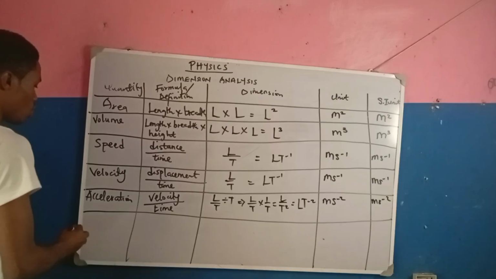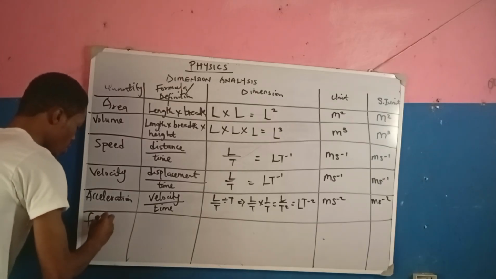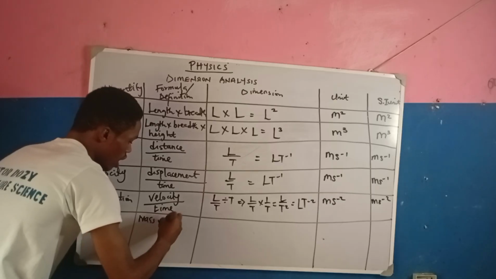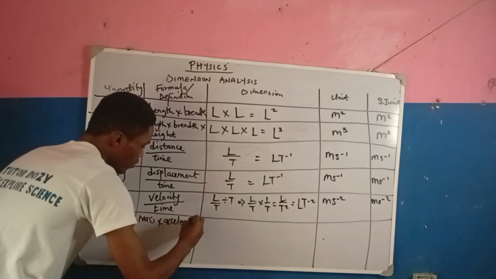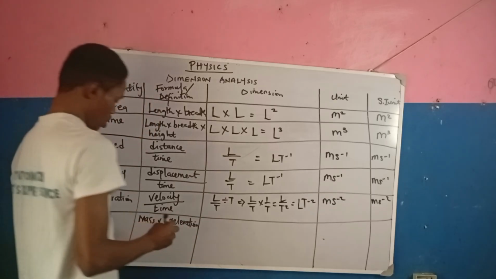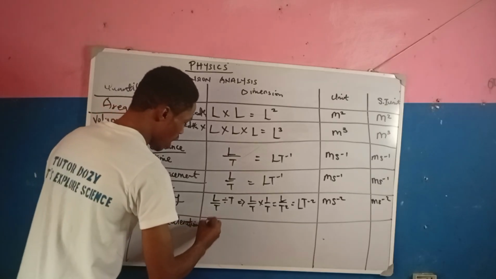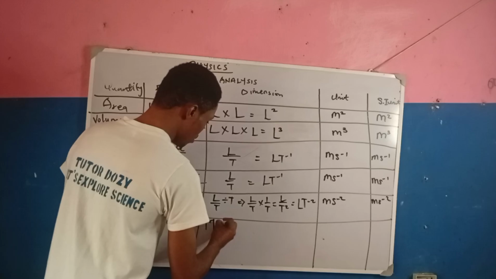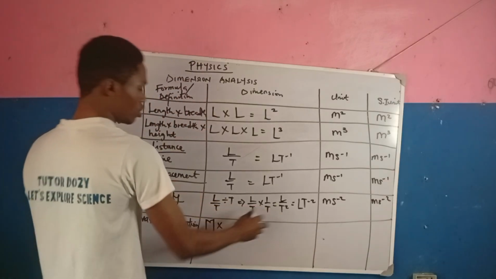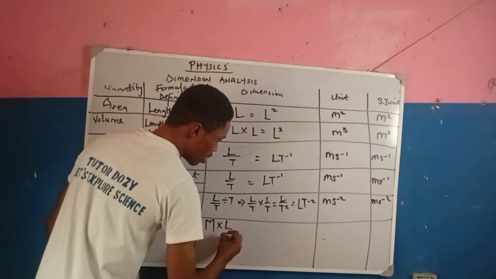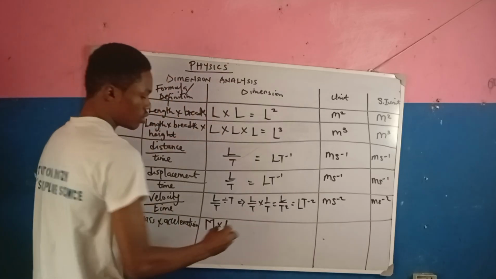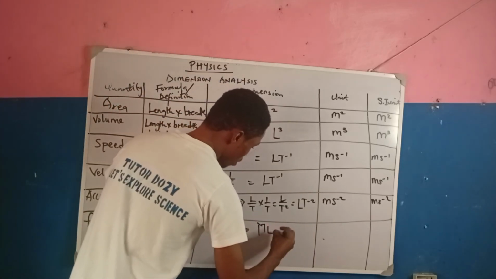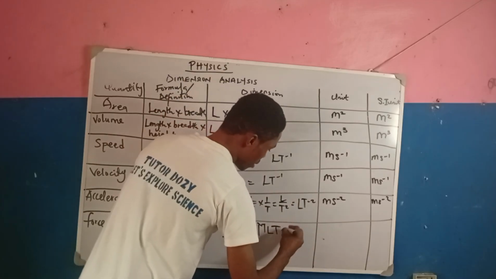Alright, the next one we have here is force. Force equals mass times acceleration. What is the dimension for mass? We have M, right? Good. Then we have times our acceleration, L over T squared. So putting them together, we have M L, and once T comes up, it becomes T minus 2.